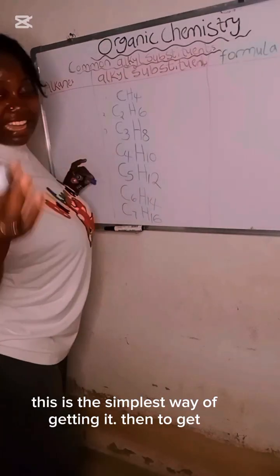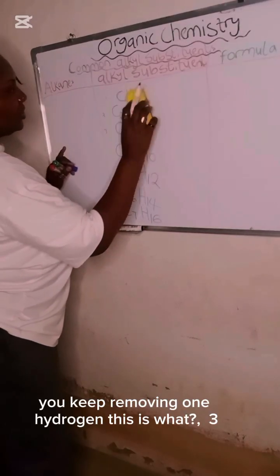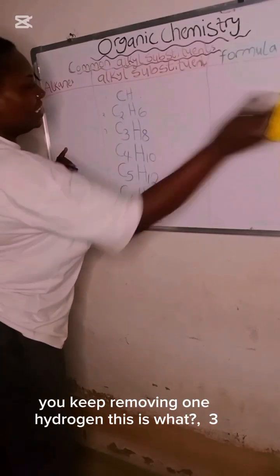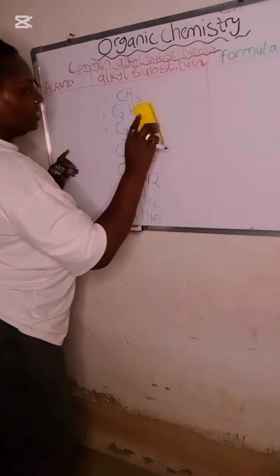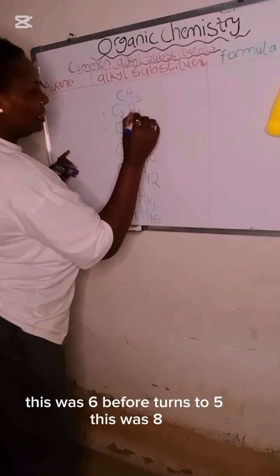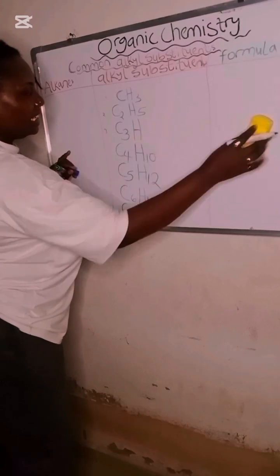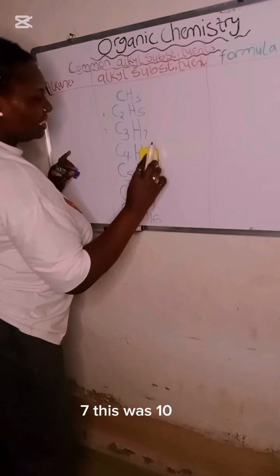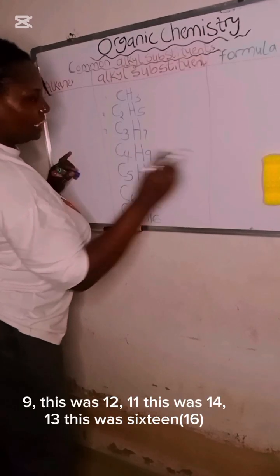Then to get the alkyl group is just to do what? You keep removing 1 hydrogen. This is what? 3. This was 6 before, turns to 5. This was 8, 7. This was 10, 9.